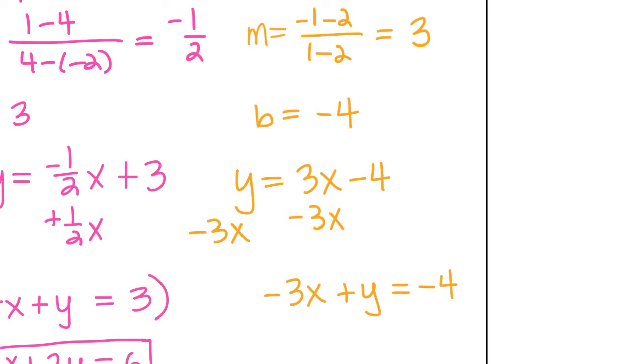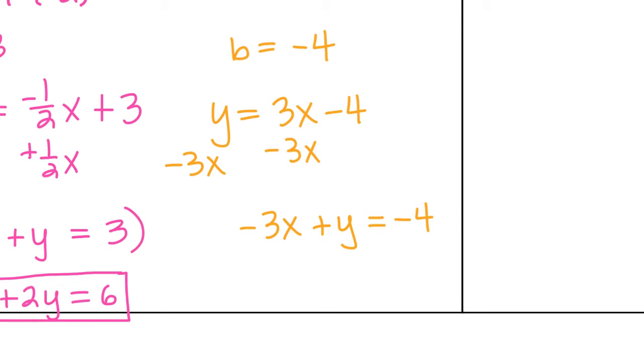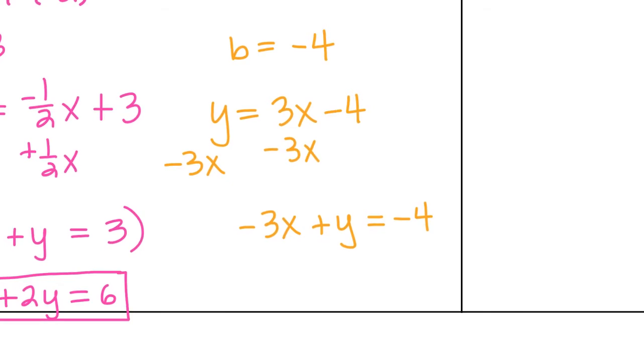So another rule with standard form is that the number in front, that very first number, is not allowed to be negative. So in order to fix that negative, we're going to multiply the entire equation by negative 1. So the way that helps us is that negative times a negative makes this positive 3.